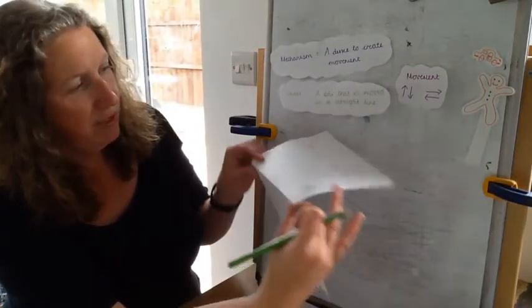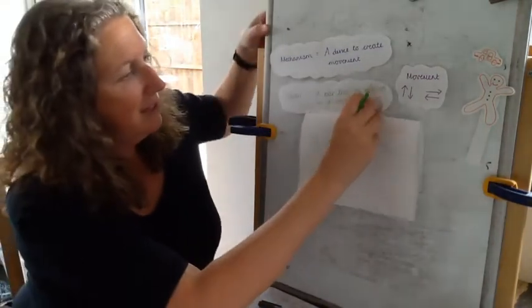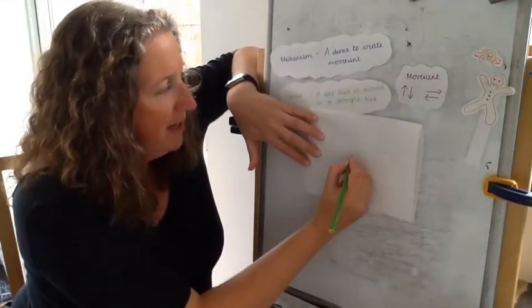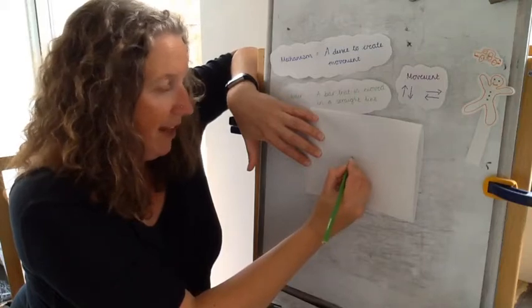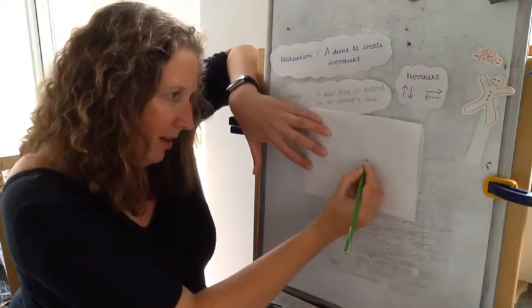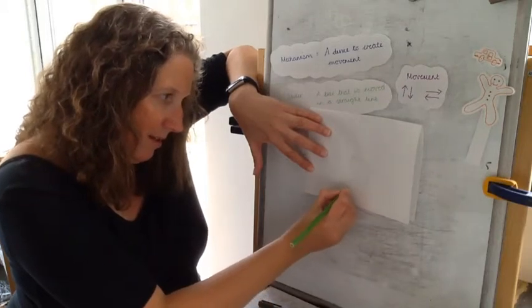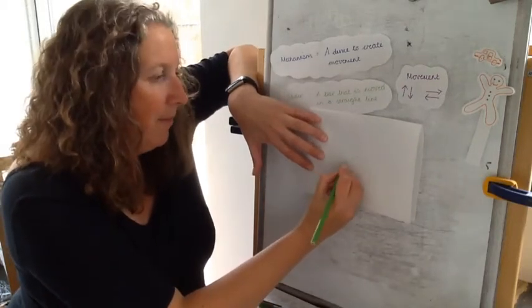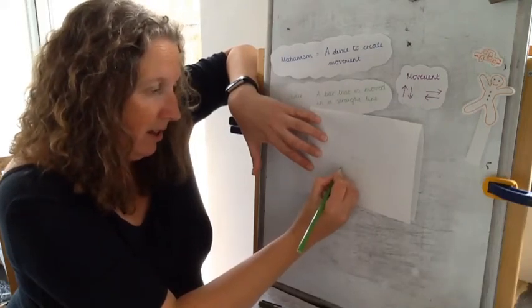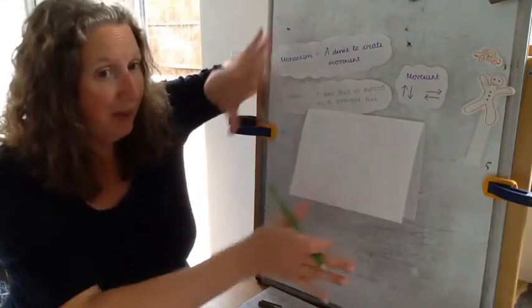Okay, so I'm going to roll this up a little bit because it will be easier. I'm going to start my mermaid. She will have a tail like this. It will be bigger on here than it will be on my card, otherwise it would take up the whole card.